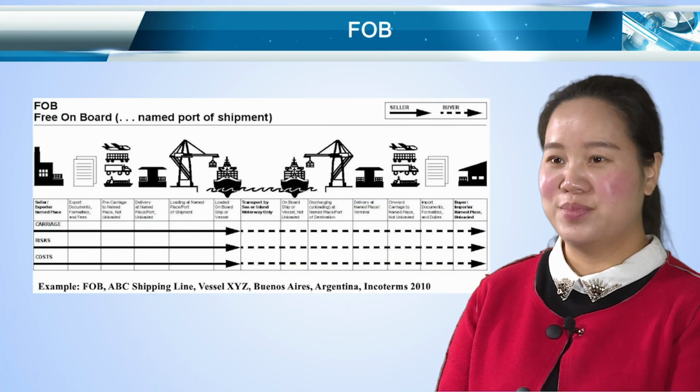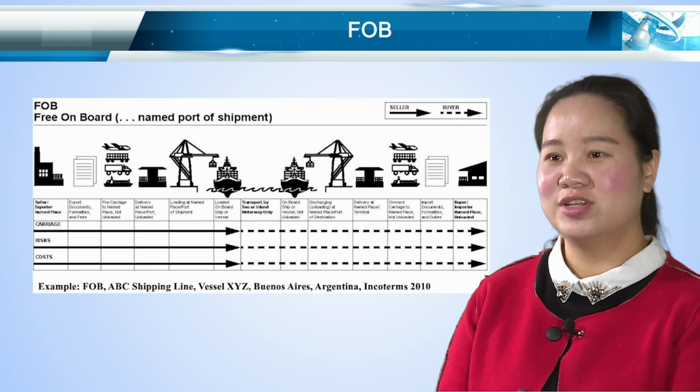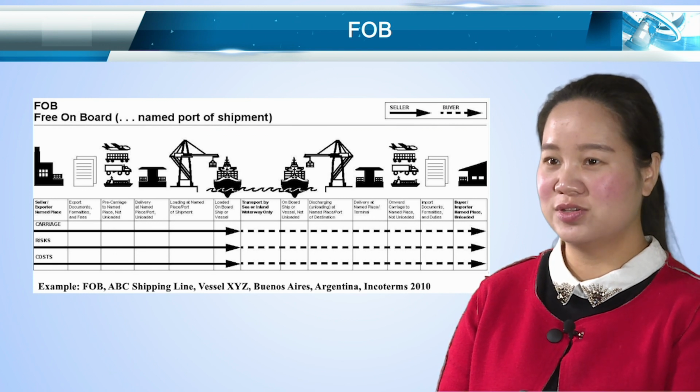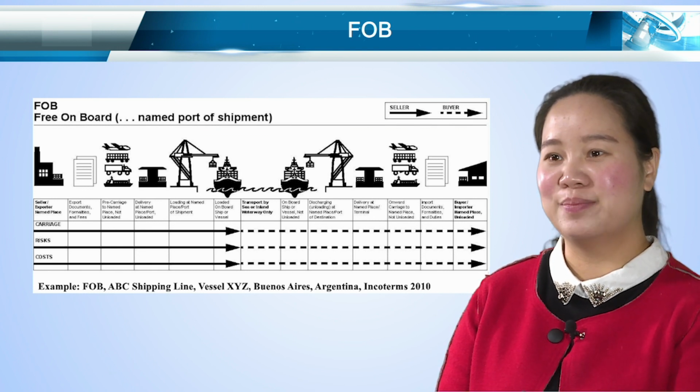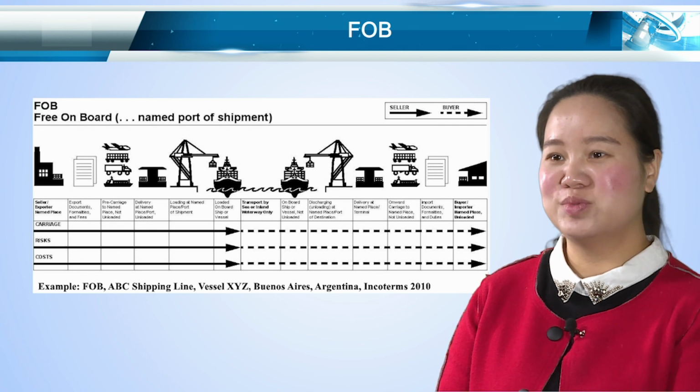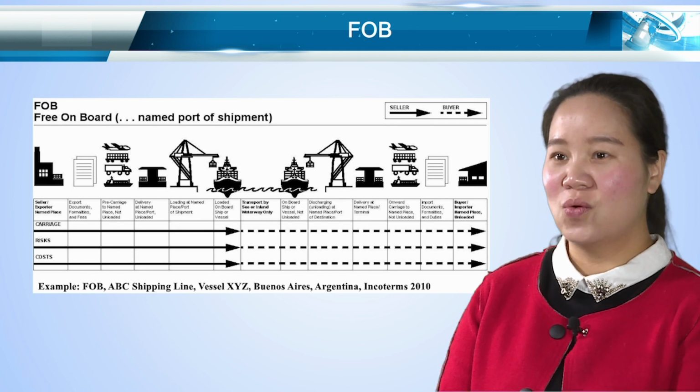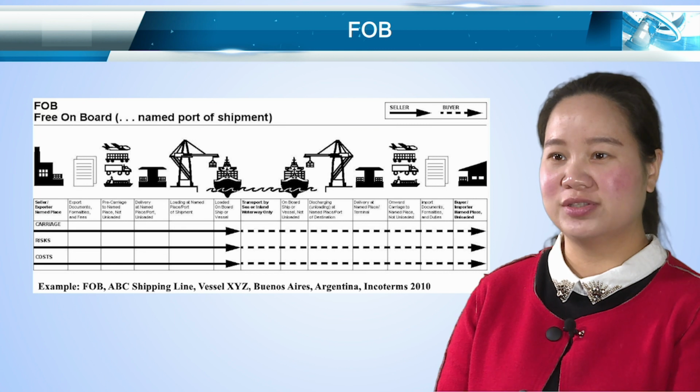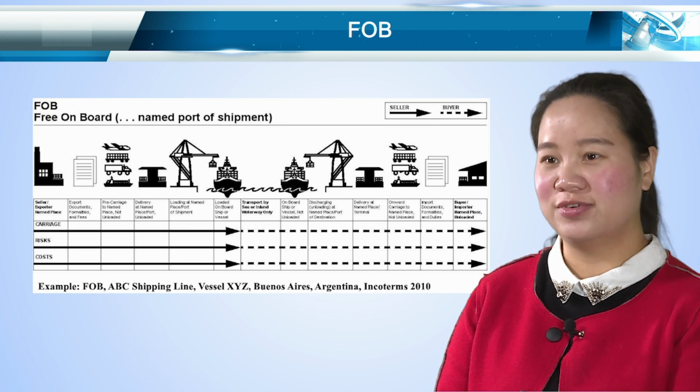Here we will focus on Incoterms 2010 and study the most popular terms, FOB, CFR, and CIF in detail. FOB, free on board, means that the seller delivers the goods on board the vessel nominated by the buyer at the named port of shipment, or procures the goods already so delivered.